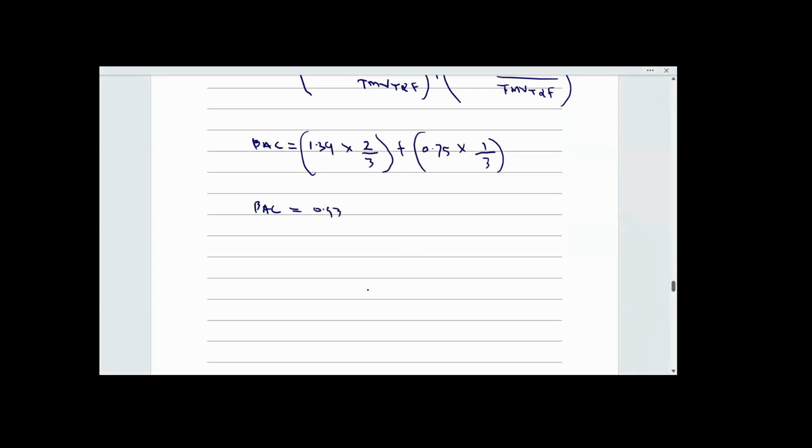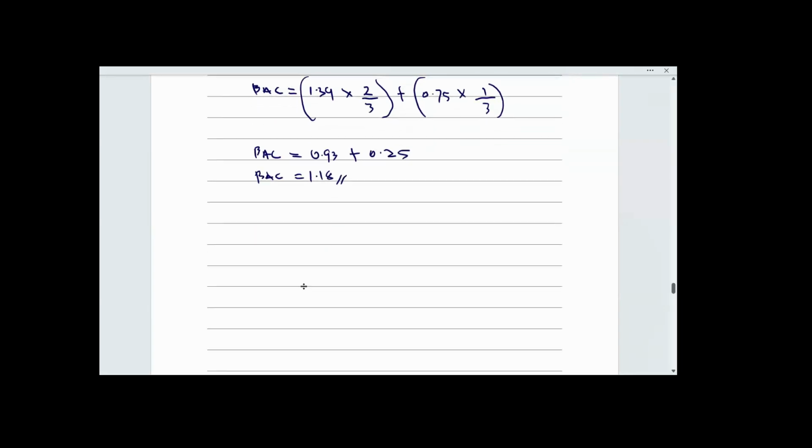Let me write it. So 0.75 divided by 3 is 0.25. Here is 0.25. So plus 0.93 gives 1.18. 1.18 is the beta asset of the combined. I will then move to step 5.